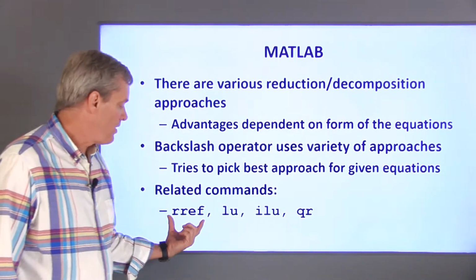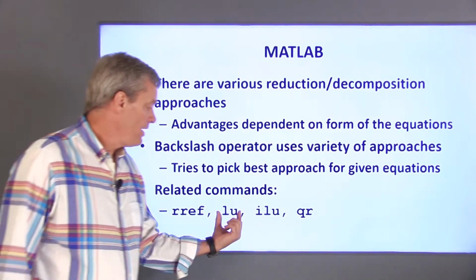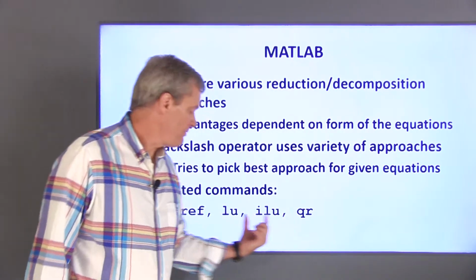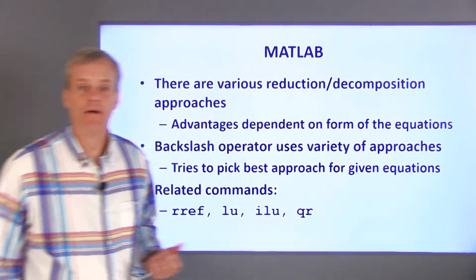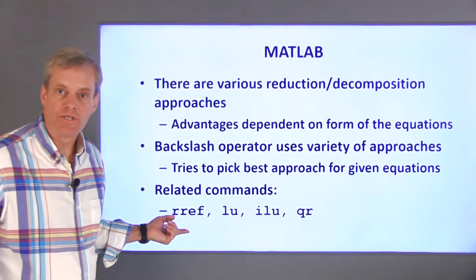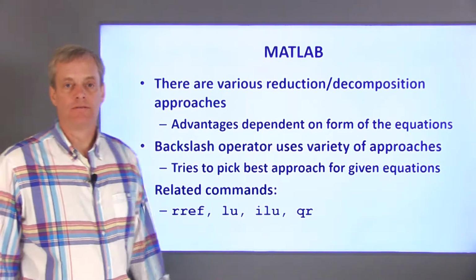A few of them are RREF, which stands for Reduced Row Echelon Form, LU, which is a lower upper decomposition, ILU, which is a variation on LU decomposition, and QR decomposition. MATLAB's backslash operator has access to all of these approaches to select from when it solves a system of equations.